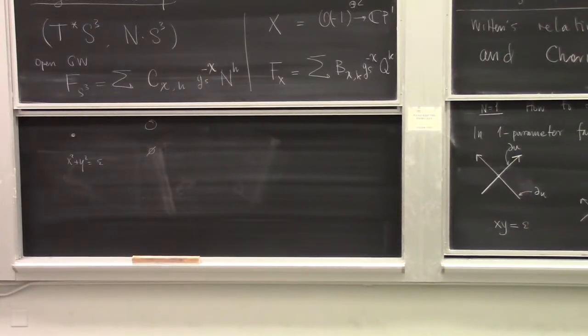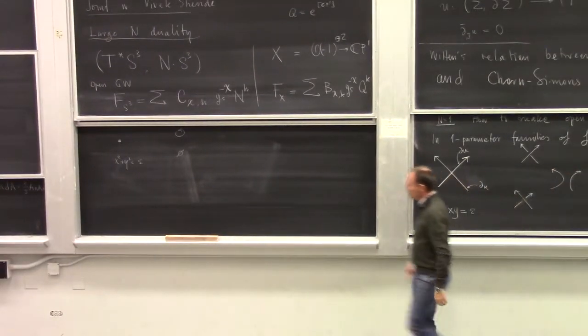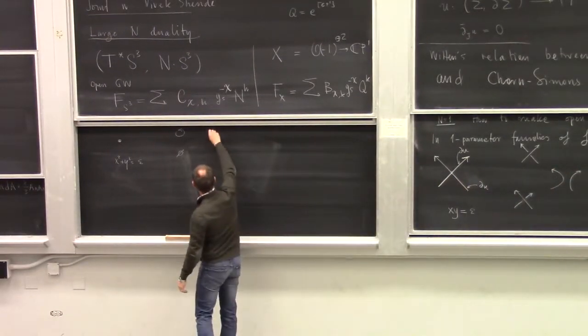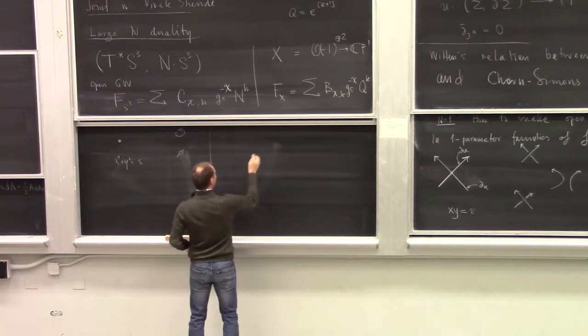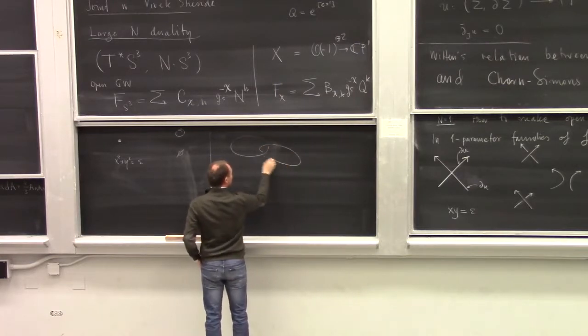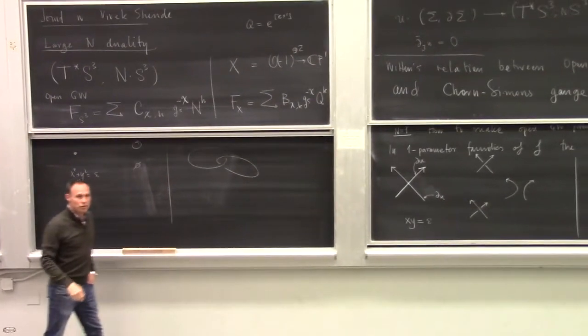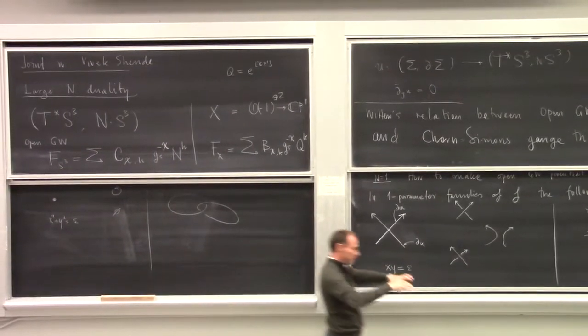So let's look at this a little bit and see what really is the problem. Imagine, though it's not going to be realistic, that you have just two holomorphic disks on this Lagrangian. You want to count these.